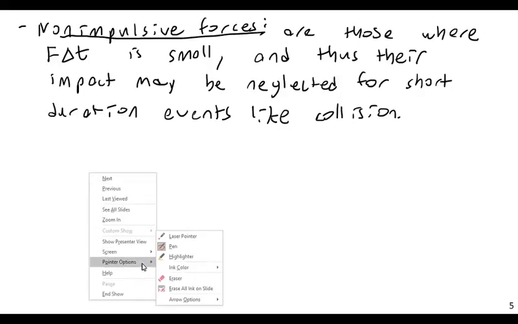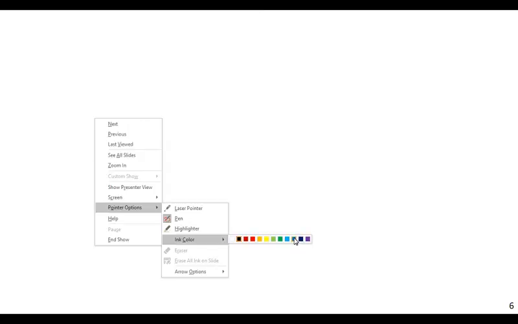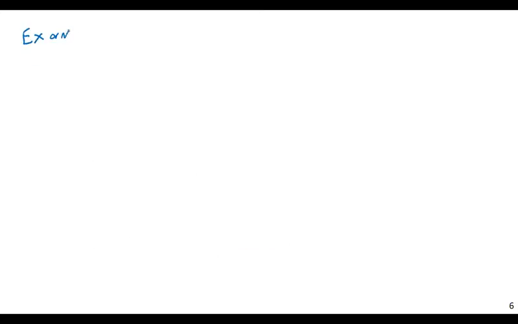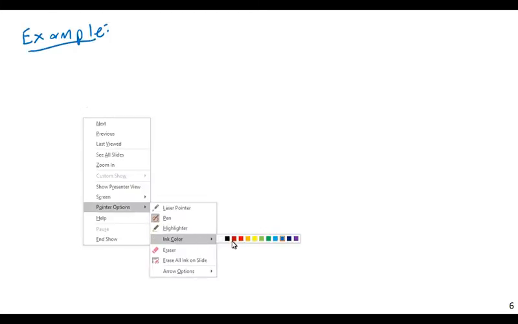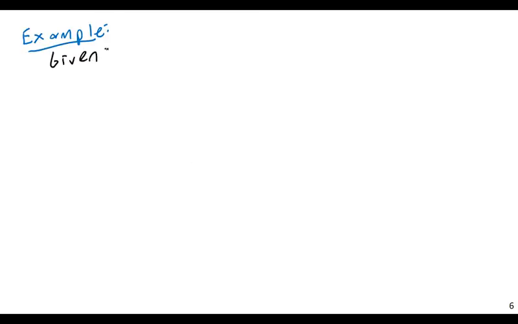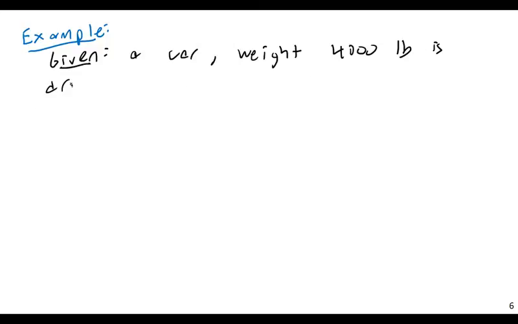Example: given a car weighing 4,000 pounds is driven down a 5-degree incline at a speed of 60 miles per hour.